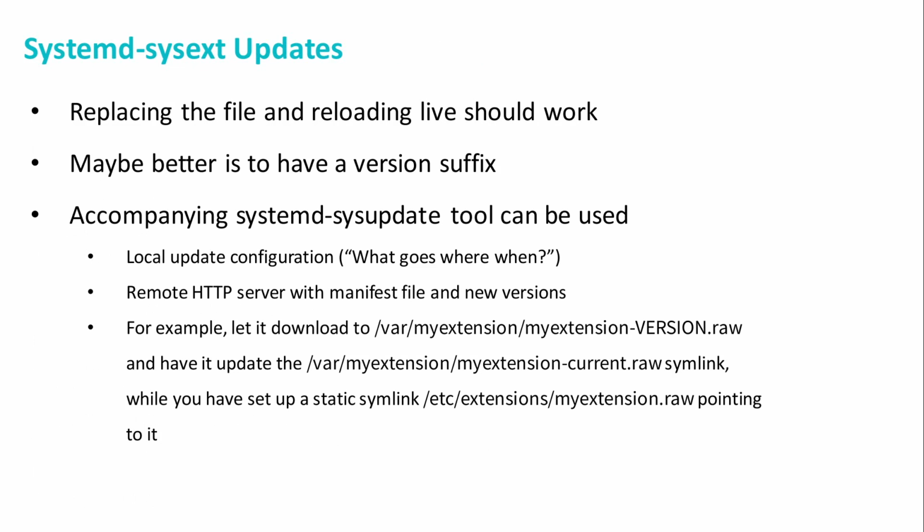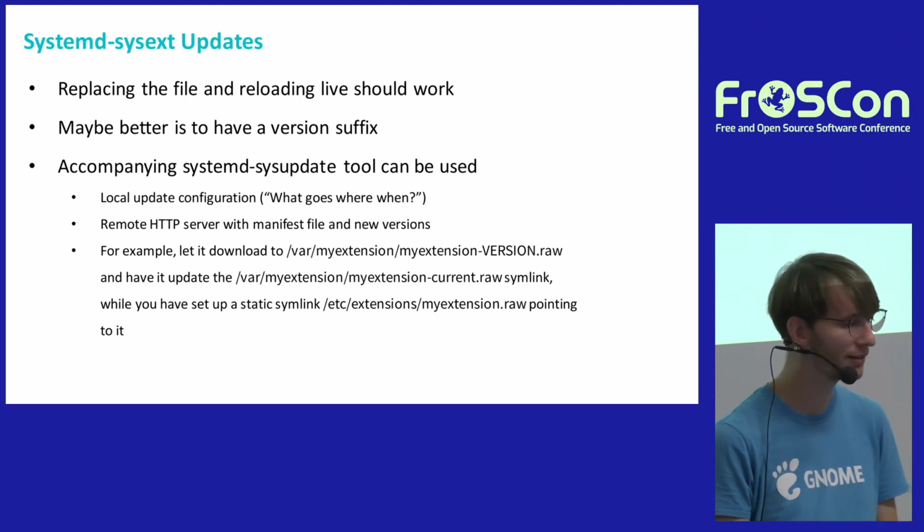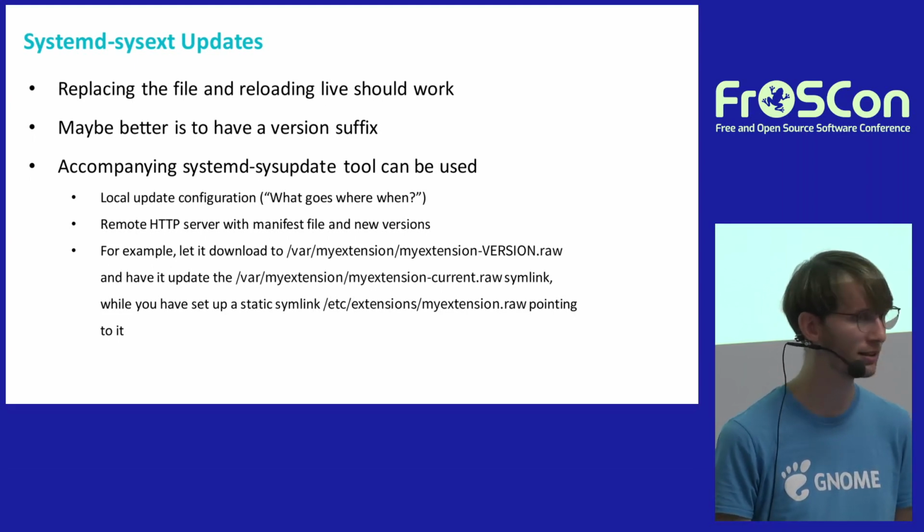So how do you actually update these files? You put them in this folder, for example /etc/extensions, and now you want to have a new version. You can replace the single file and reload it, and live it should work, or you can also reboot if you want. But it's maybe a bit better to not just replace this file, but to have, for example, a version suffix, so that you have one folder where you store the different versions of your extension images, and then you can roll back more easily.